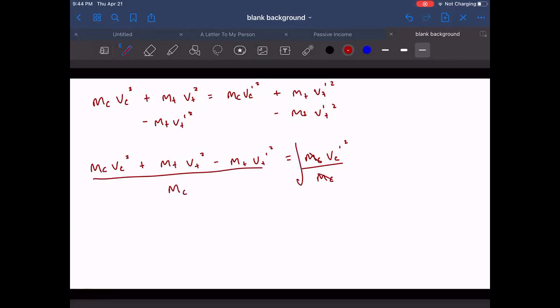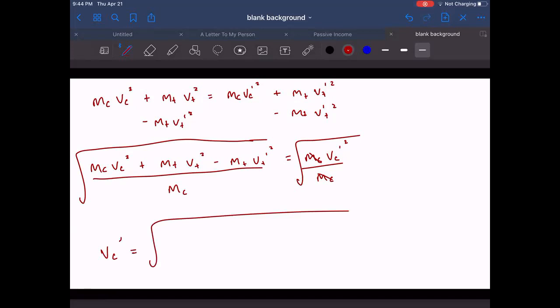Those cancel, but we can then take the square roots to get rid of the square. So when we simplify that, we would have this. And then you want to plug in your numbers from before.